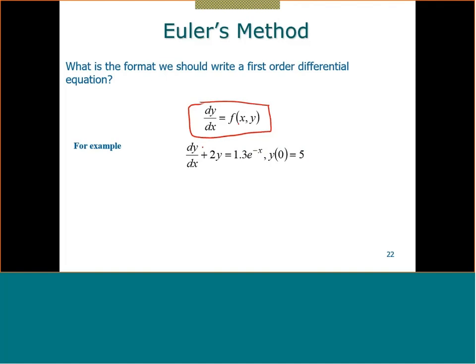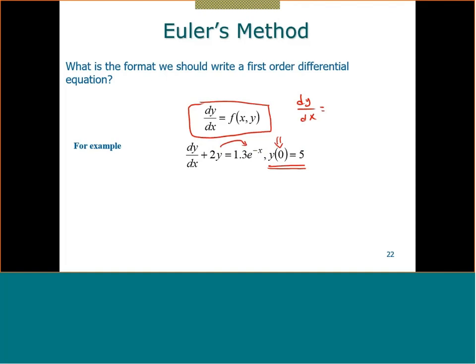For example, if I have this differential equation with the initial condition, this is an initial value problem, so we will need an initial condition, and for a first order differential equation we will need only one initial condition. For a second order, as we will see later on, we will need two conditions, but both are defined at the same point, here at x equal to 0. So when I have something like this, I need to reformat it. I will keep dy by dx on one side and move the rest to the other side.